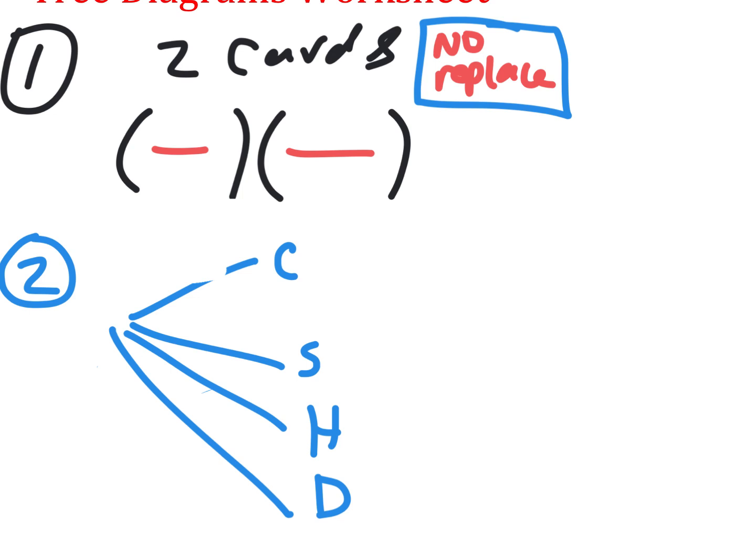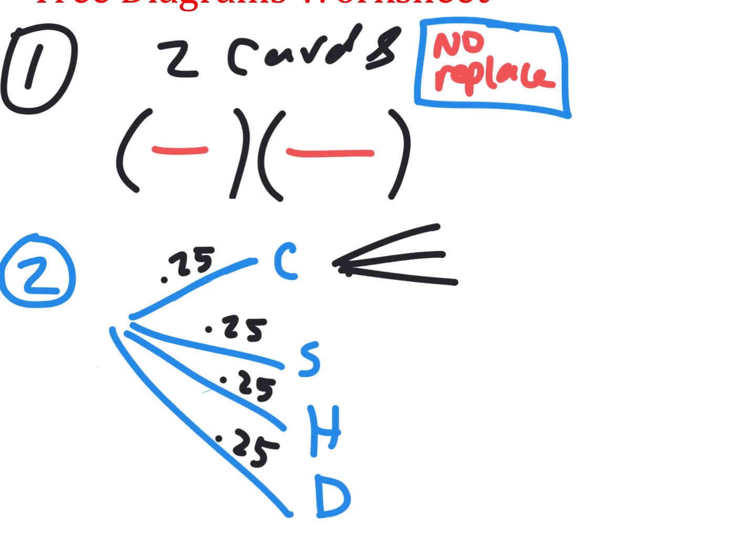Am I doing it right? I think I'm doing it right. Somebody was whispering and made me think I was doing it wrong, but I'm pretty sure I'm doing it right. Clubs, spades, hearts, diamonds, 4 choices. And then that's just one event. Now I got to do the other event.